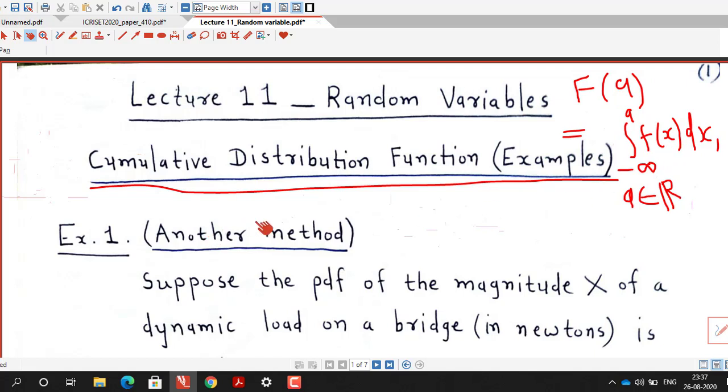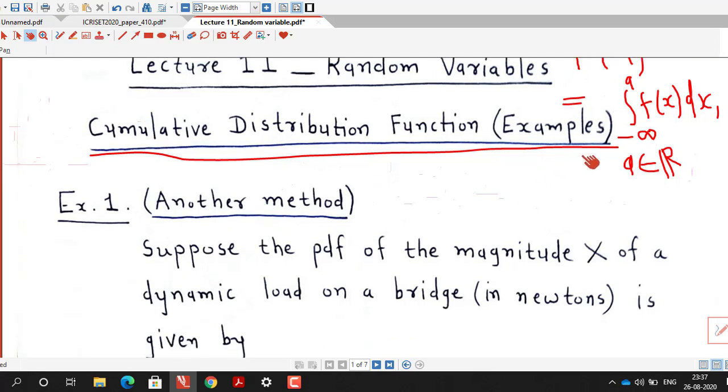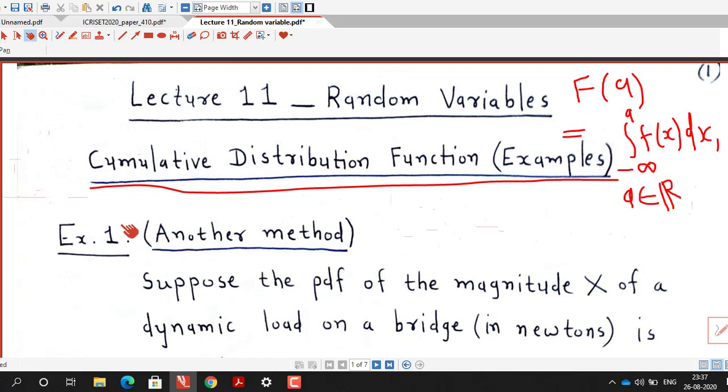Today we are going to discuss another method, different from this method, for the same example which we discussed in lecture number 10 on random variables.